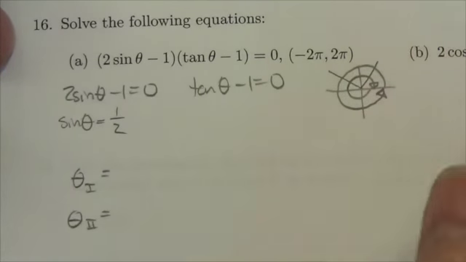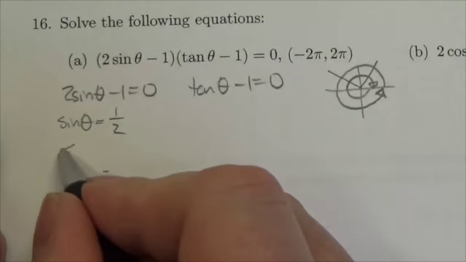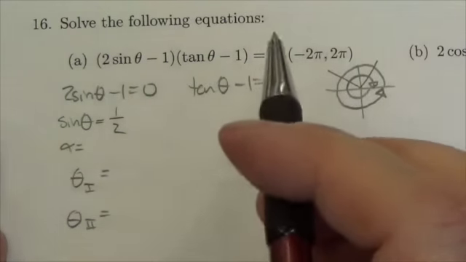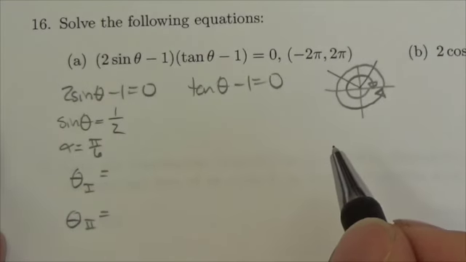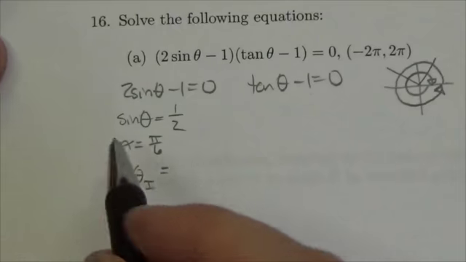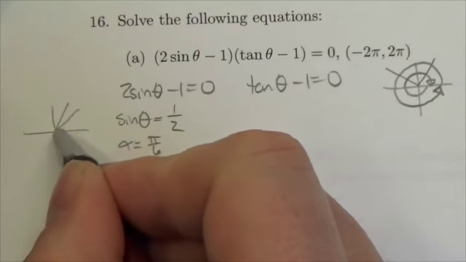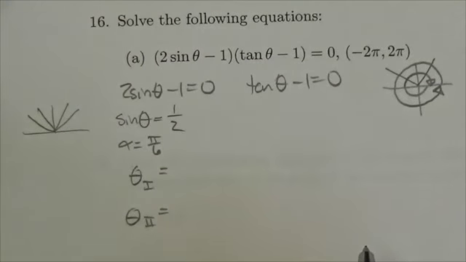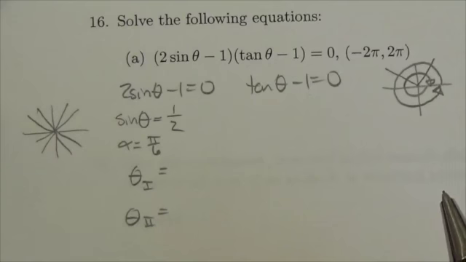Don't know exactly where that's going to be, but I'm going to have an answer in that quadrant and that quadrant. My reference angle for this is going to be pi over 6, which means what I'm doing is chopping the top half of the circle into sixths, and then I would also be chopping the bottom half of the circle into sixths.